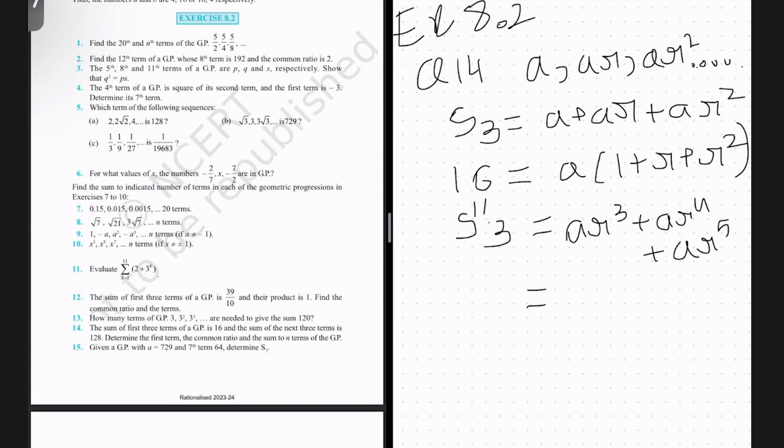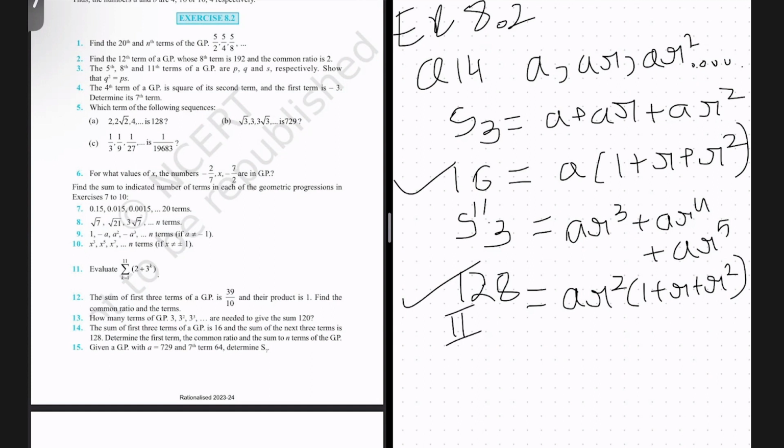Here also I can take out ar cube common, and I would then have 1 plus r plus r square here. On the LHS, we have been given that the sum of the next three terms is equal to 128, so I have this equation. Let us denote this by 2 and this by 1.